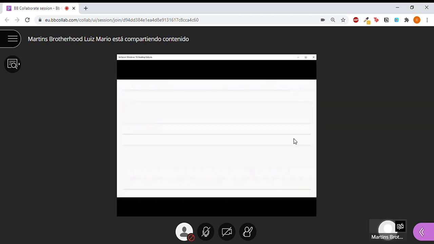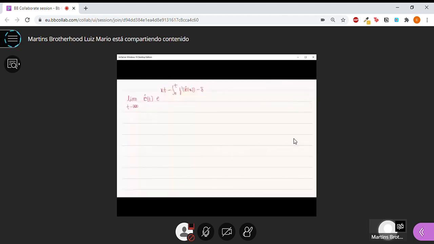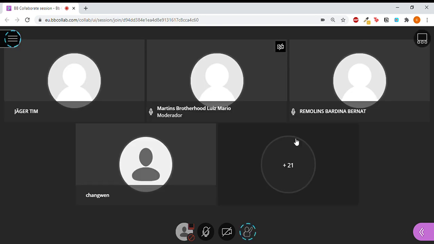So we have time k hat e to the xt minus, it's better to do it slowly, and minus n dv.